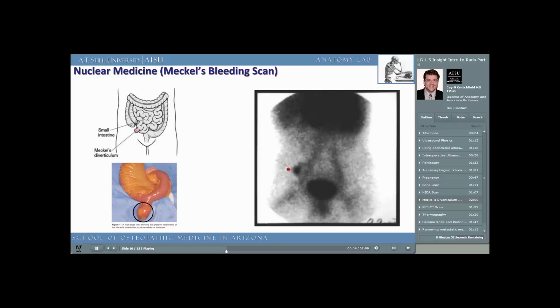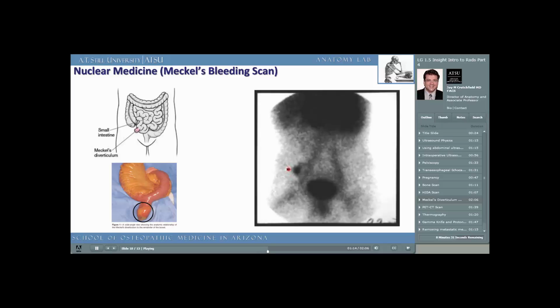Notably, a Meckel's diverticulum can contain gastric mucosa and mucosa from the pancreas, pancreatic mucosa. If a patient has a Meckel's diverticulum, and we may have no way of knowing if they do, they may suffer massive gastrointestinal bleeding from the diverticulum.